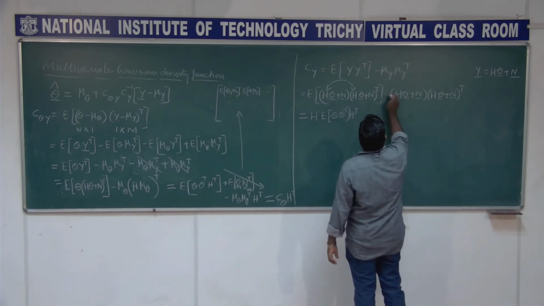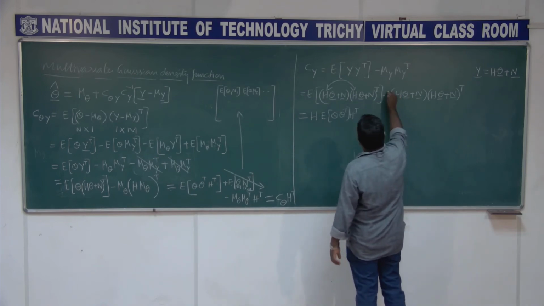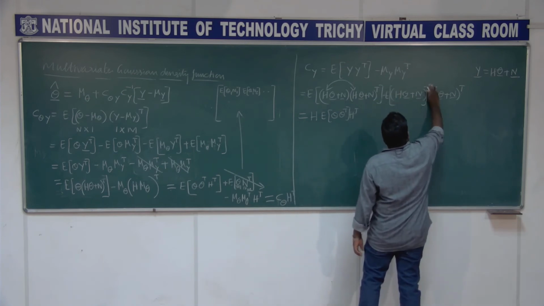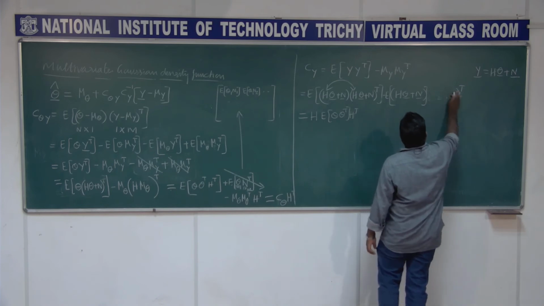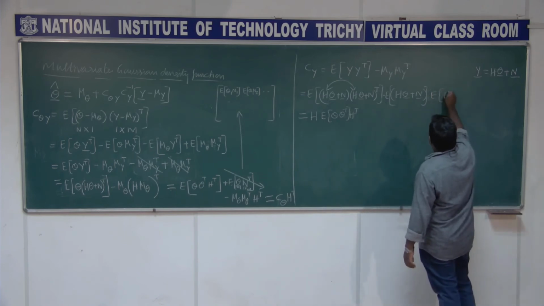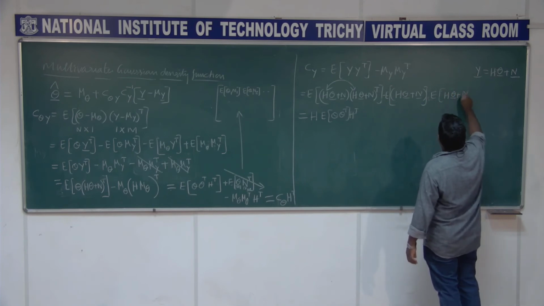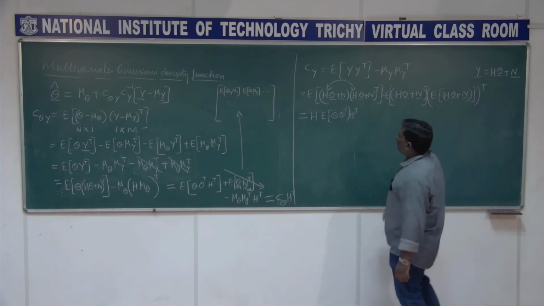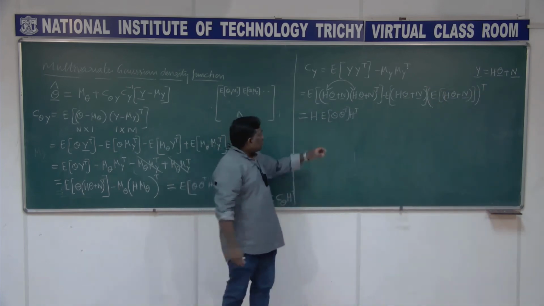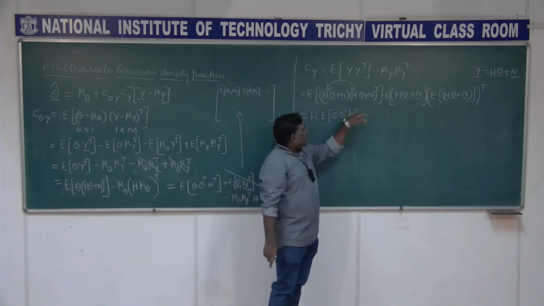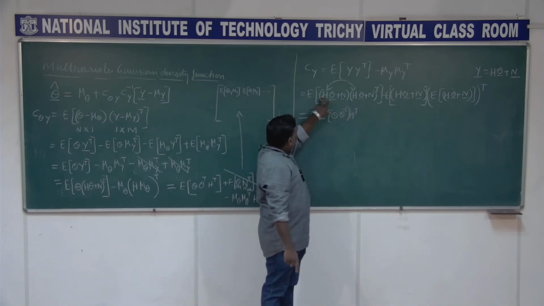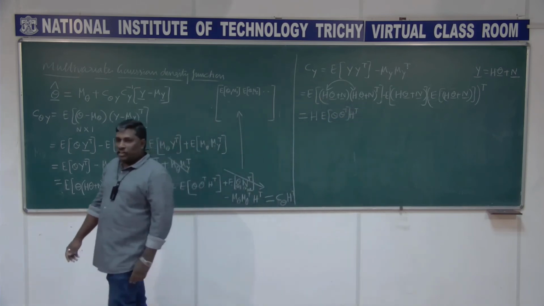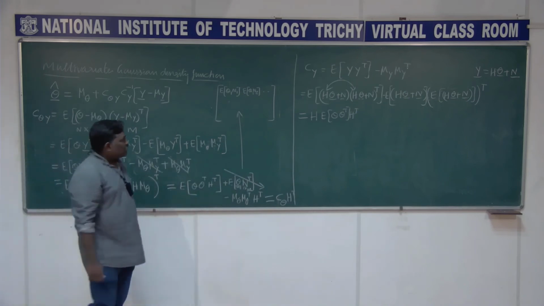Put it as expectation here. So the first term here, what do you get? H theta theta transpose H transpose, that you get. And then expectation of H theta n is 0, because theta and n are independent, so that becomes 0 here.